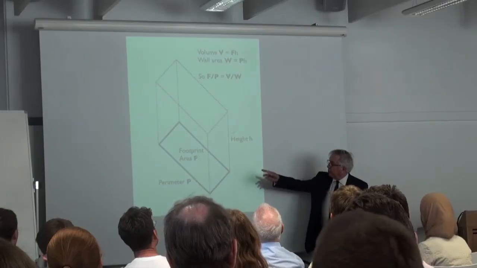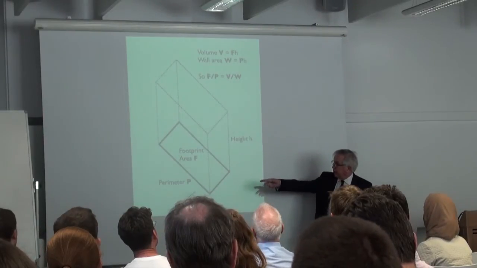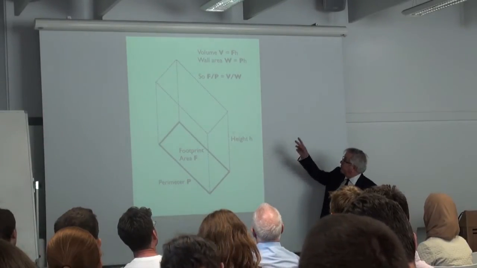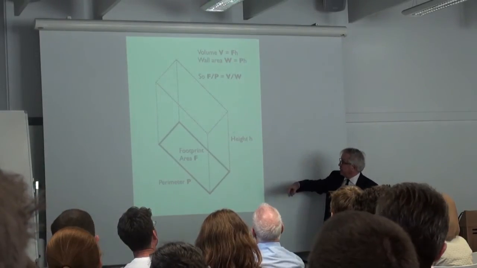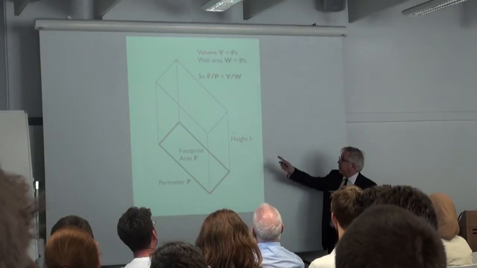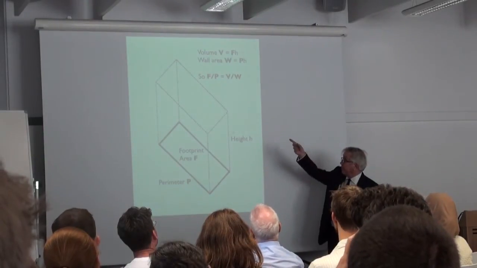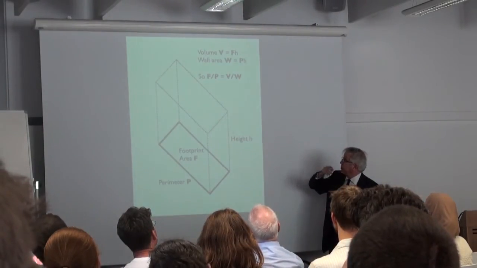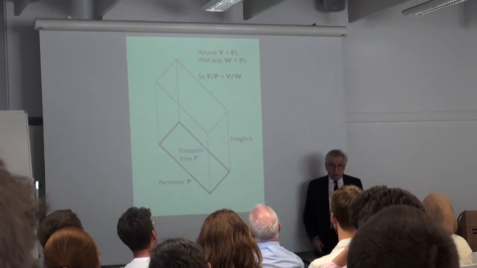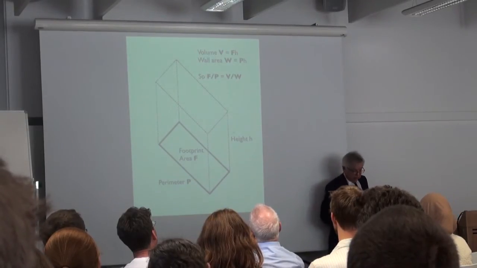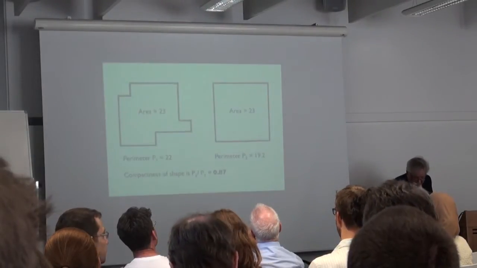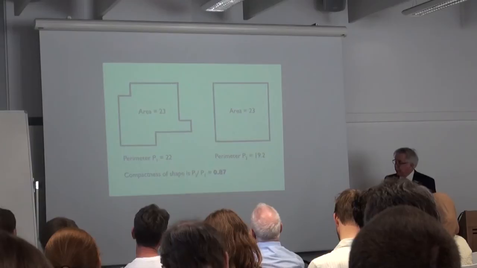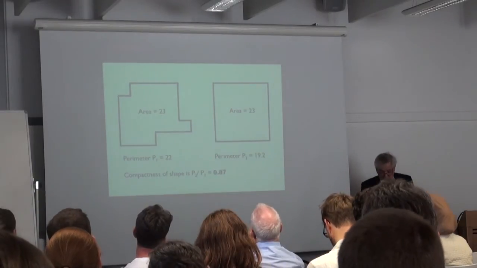Here's a block, there's the footprint area F and the perimeter P. If we multiply the footprint area by height, we get the volume. If we multiply the perimeter length by the height, we get wall area. And so the ratio footprint to perimeter is the same as volume to wall area. And that's, in fact, what I'm going to use in general. Now, the third measure I'm going to use is a measure of compactness, compactness of plan.